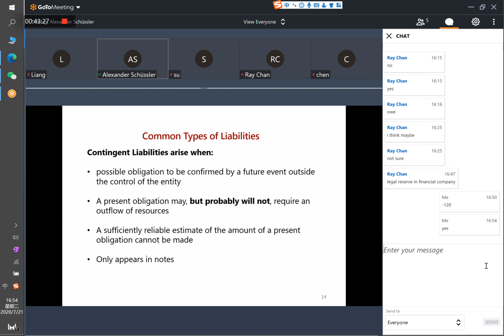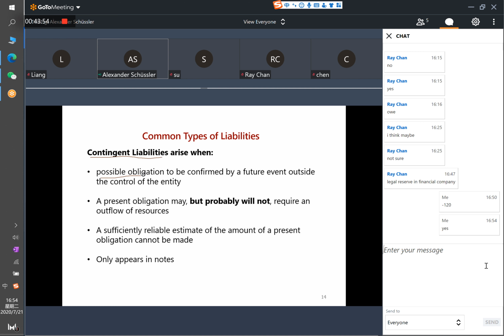Then we have another liability, but this is a liability which is not shown on the balance sheet. It's called contingent liabilities. The difference between a provision and a contingent liability is the likelihood. The contingent liability, similar to the provision, is also a possible obligation.